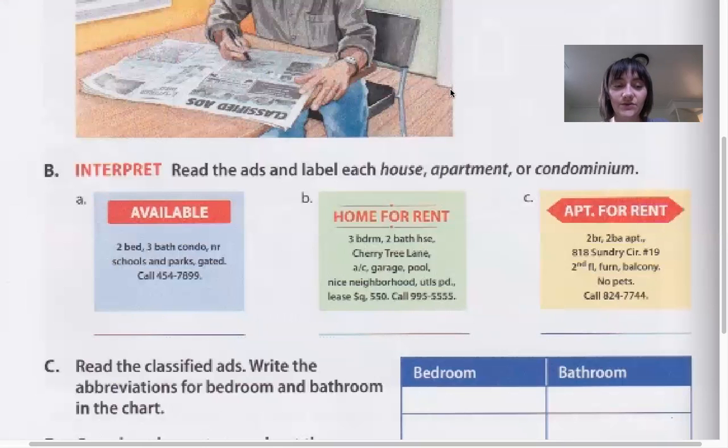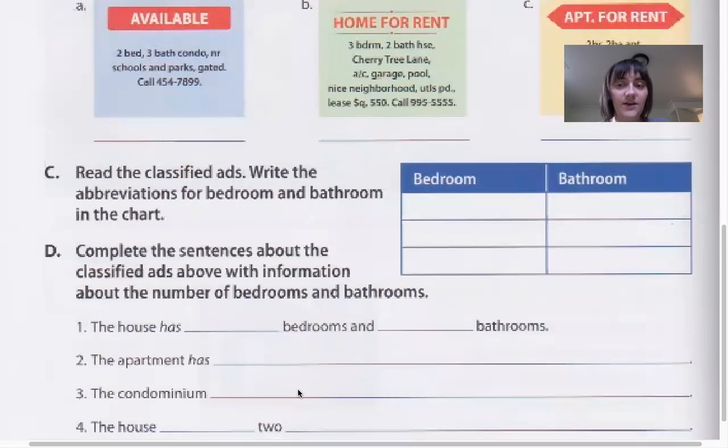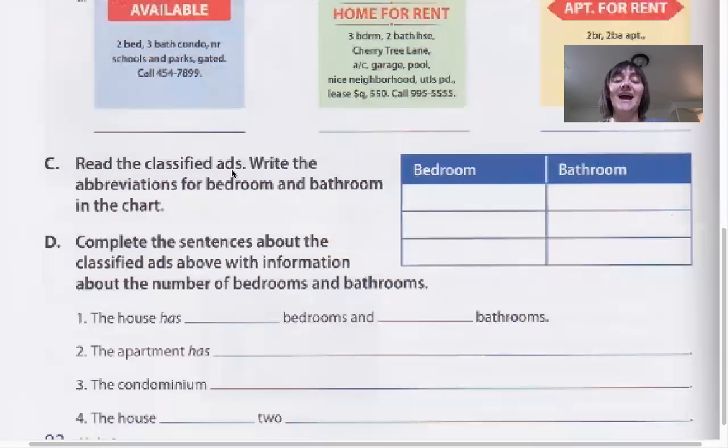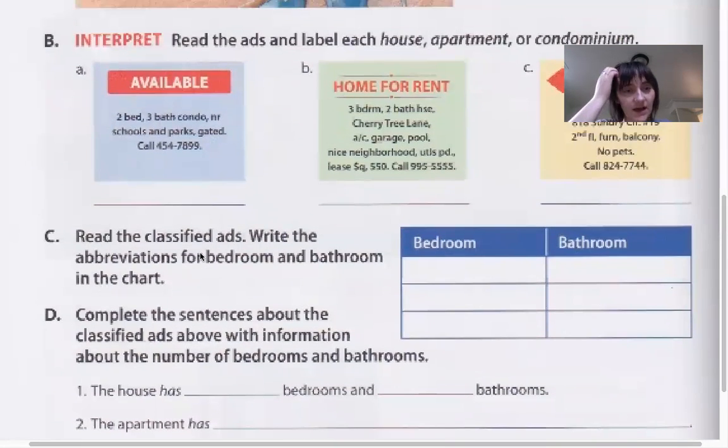Next thing we're going to do, it says read the classified ads, write the abbreviations for bedroom and bathroom in the chart. So in this first one for the condominium, we have the abbreviation, the short way to write the word.